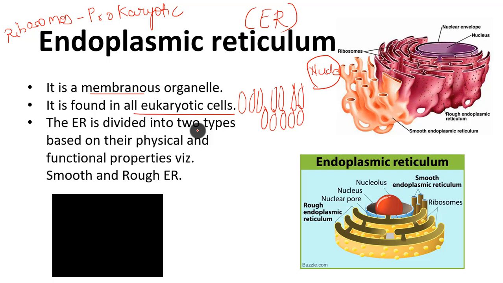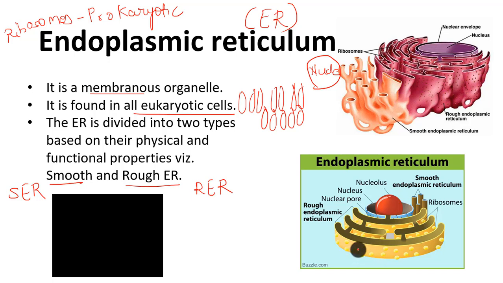There are two types of endoplasmic reticulum in every cell. The first one is smooth, also said to be SER, that is smooth endoplasmic reticulum, and the second is rough, also said to be RER, that is rough endoplasmic reticulum. From the physical properties itself, you can see that in some endoplasmic membranes there is no ribosome attached.